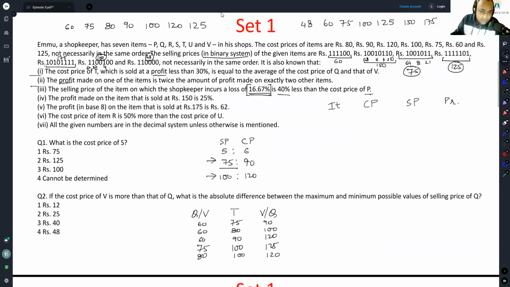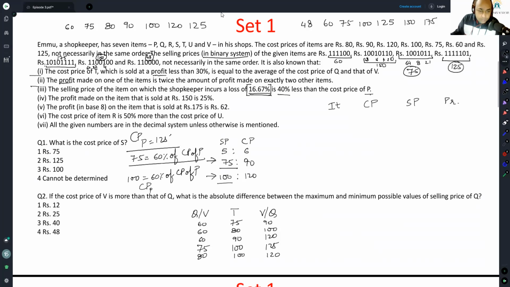Either 75 is 40% less than the cost price of P, or 100 is 40% less than the cost price of P. So either 75 is equal to 60% of CP of P, or 100 is equal to 60% of CP of P. If I calculate this further, in one case CP of P is equal to 125, which is a possibility.